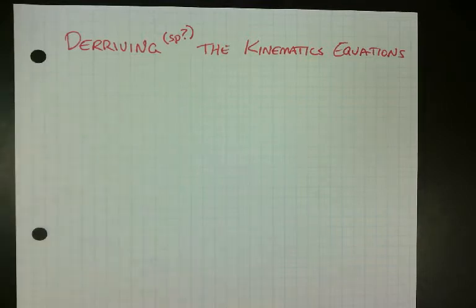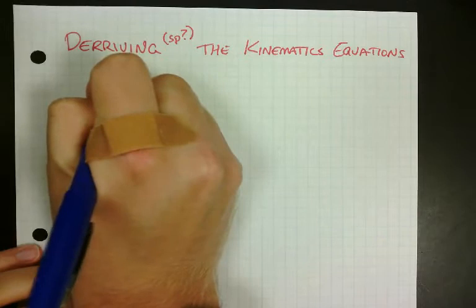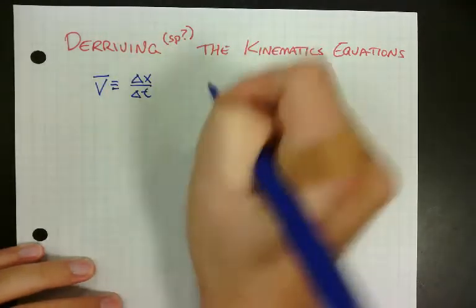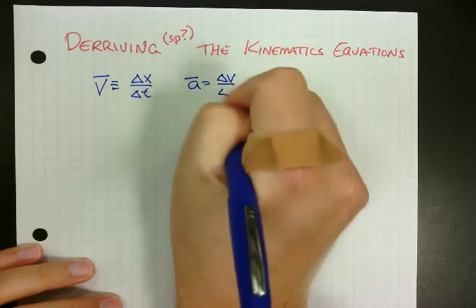Okay, so one of the things that's kind of neat about physics is that you can get to complicated results from very simple starting points. And what I want to do is talk about two things we've already defined. We said that the average velocity is equal to delta x over delta t, and we said that acceleration equals delta v over delta t, right?